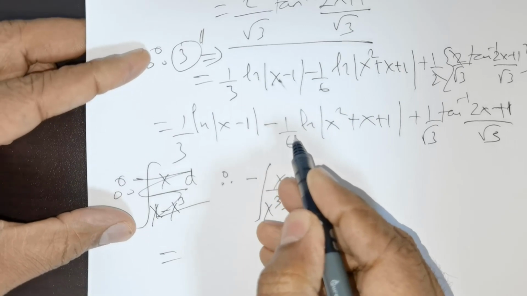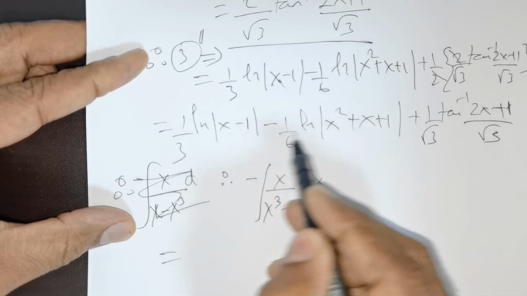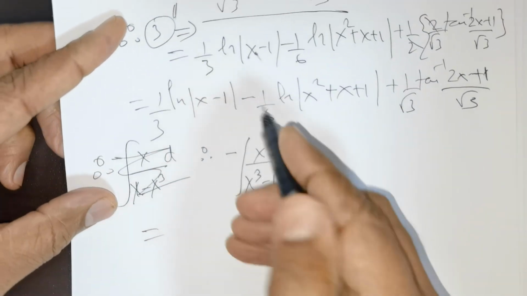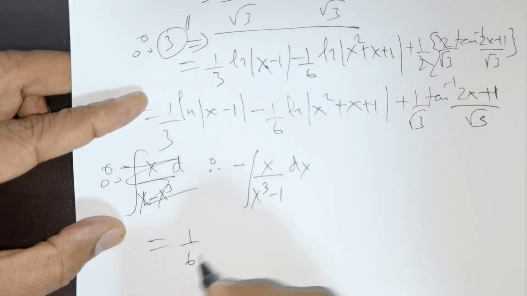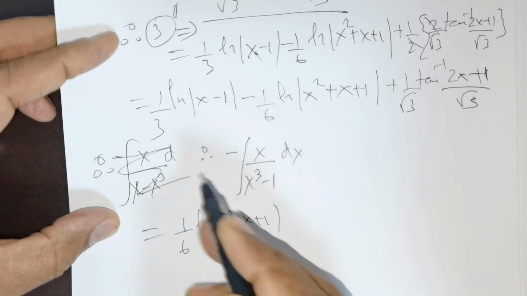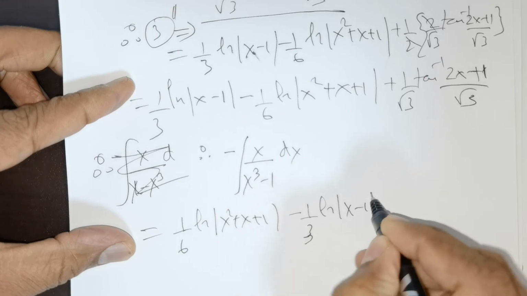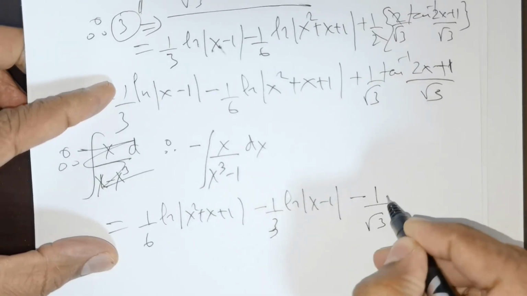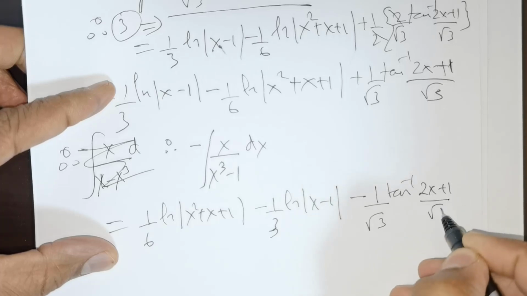If I were to bring in this negative sign, I would have a pre-multiplying with this quantity, the negative 1 over x. That's going to be positive 6 times ln modulus x squared + x + 1, negative 1 over 3 ln modulus x − 1, and negative 1 over root 3 tan inverse of (2x + 1) divided by root 3.